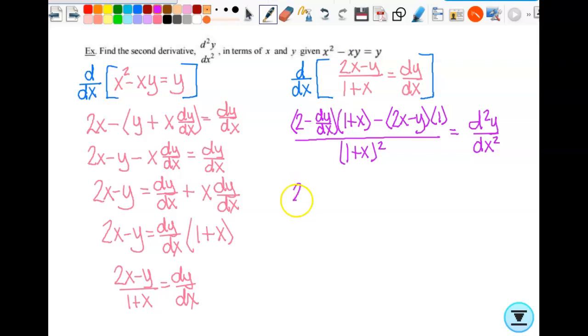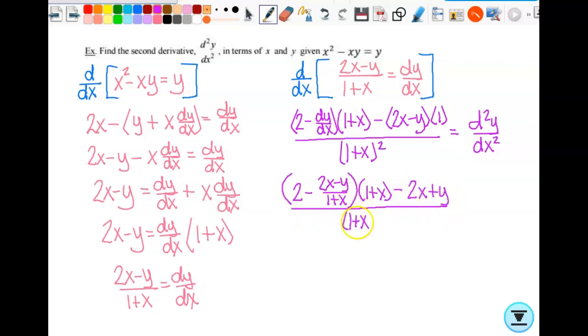I have to do 2 minus my dy dx, which is 2x minus y over 1 plus x. Parentheses here, super important. And then times 1 plus x minus 2x plus y, all over 1 plus x squared.